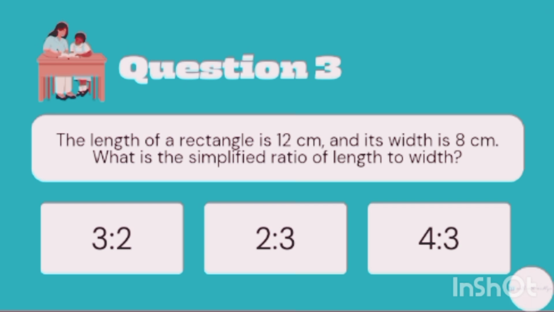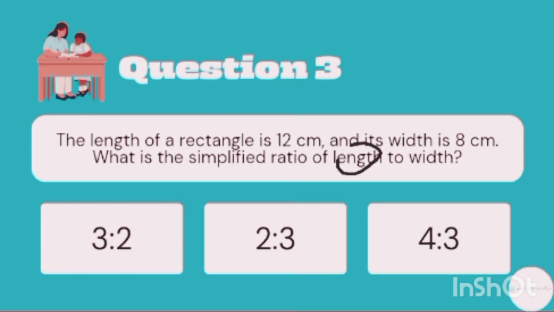Question number 3 says the length of a rectangle is 12 centimeter and the breadth is 8 centimeter. What is the simplified ratio of length to breadth? It means we need to simplify our ratio. They asked for length to breadth, not breadth to length.